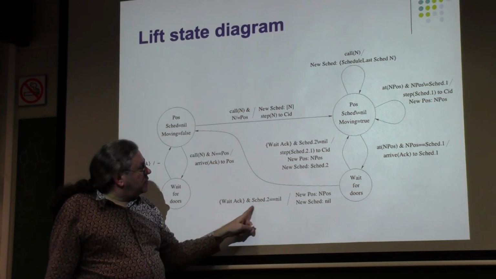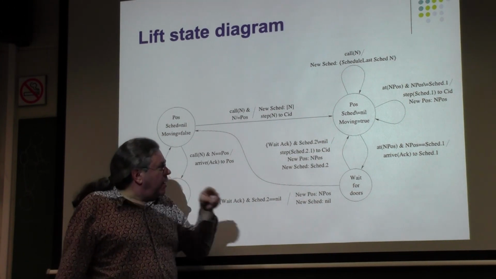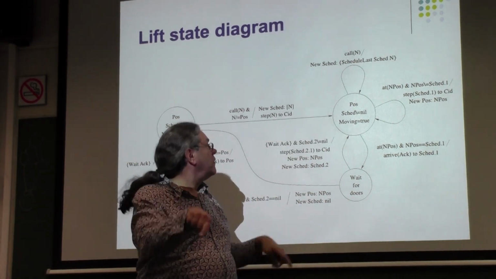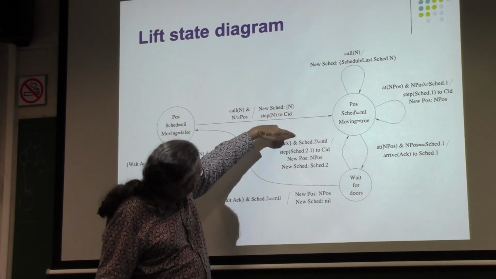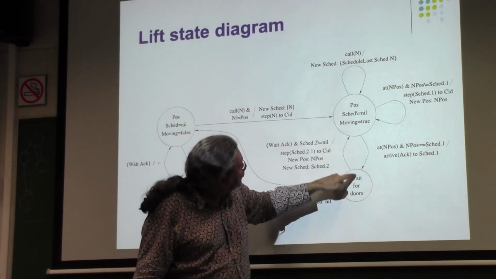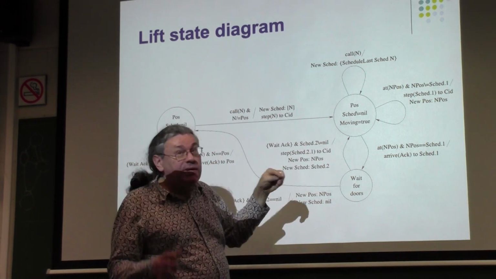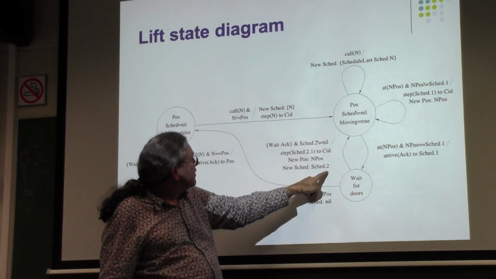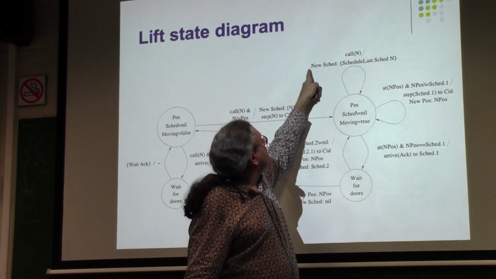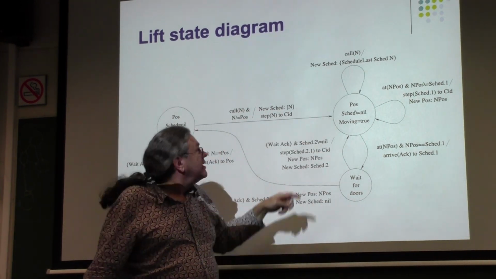But maybe it never goes to the idle state. It can stay here forever. If people are always pressing call n, then whenever the lift arrives, the schedule decreases. You see that? But whenever someone presses a call, the schedule increases.